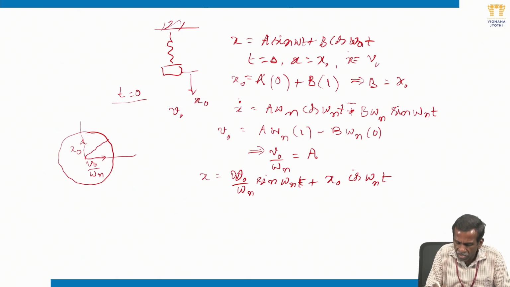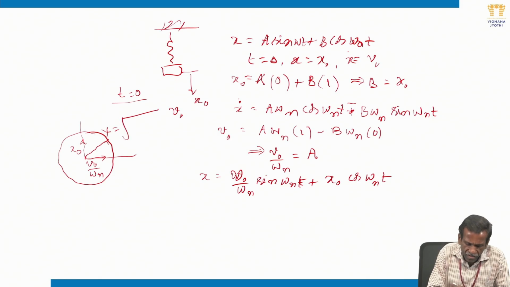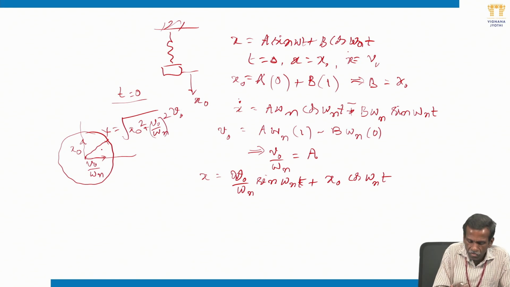Here in this equation, wherever we have written x maximum displacement, you will get x equal to the square root of x naught square plus v naught by omega n square. Is it or not?